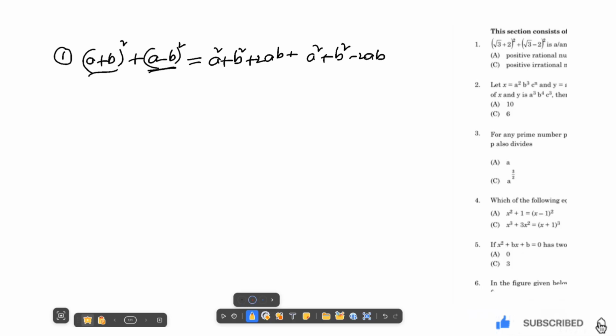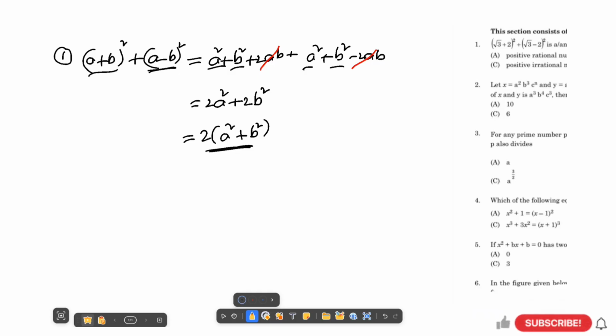So plus 2ab minus 2ab gets cancelled. Now we have a square plus a square, it is 2 times a square, plus b square plus b square is 2 times b square. If you take 2 common, we will get 2 of (a square plus b square). So this is the value.